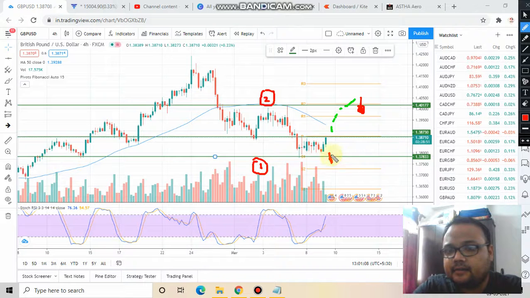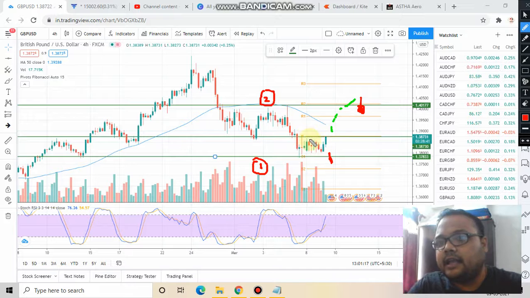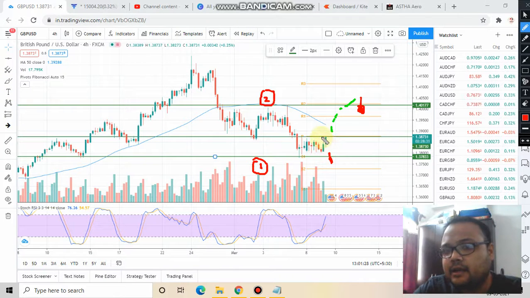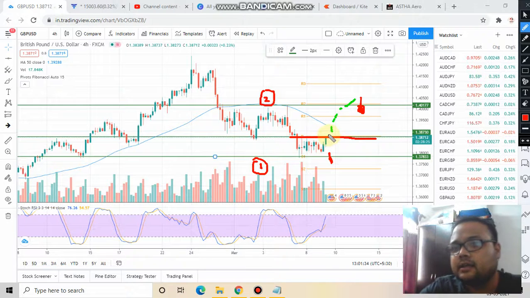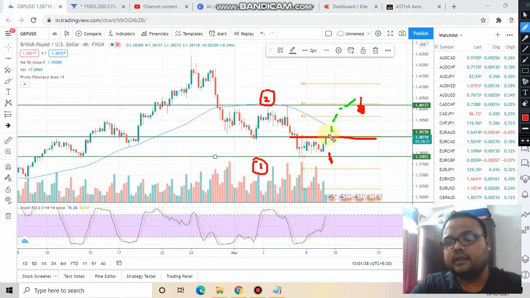You can see that right now market is not having much volatility, and market is kind of trading in a range, and to mark this range I have taken help of this third line. So what do you need to do? In case market crosses this line, wait for 1 hour, 1.5 or 2 hours, whatever, it's up to you.